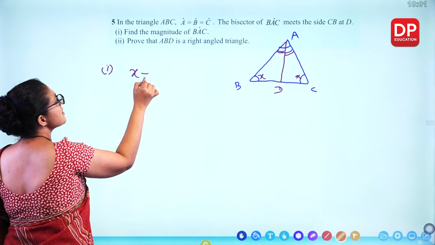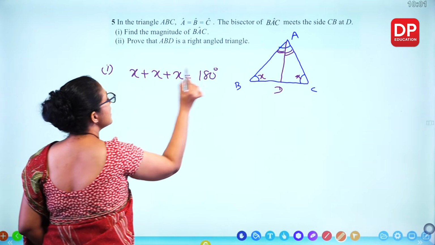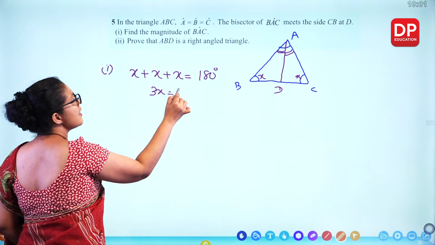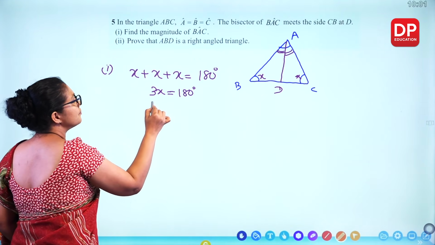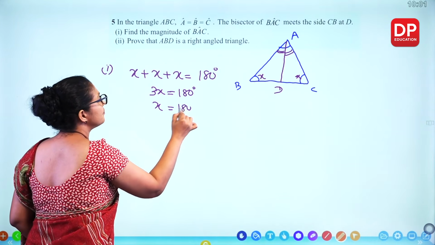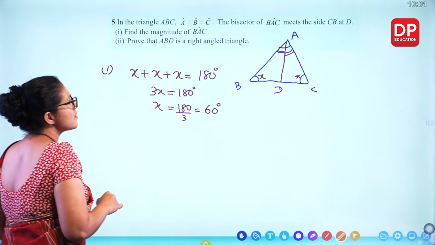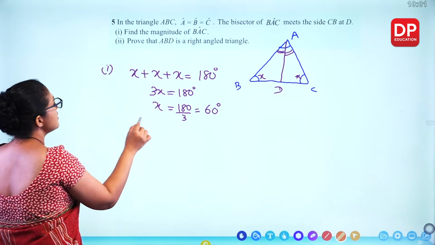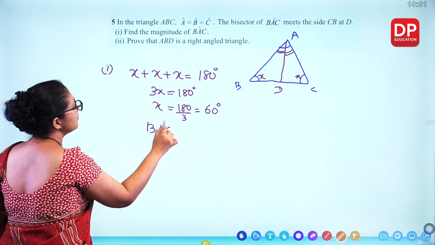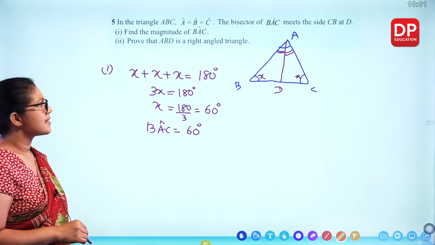So x plus x plus x is 180, 3x is 180, x equals 180 divided by 3. I get 60 degrees. So here, what's the magnitude of BAC? That's one angle, that's 60 degrees.